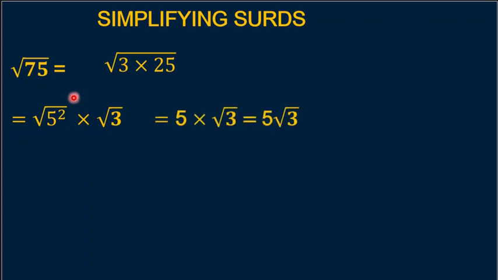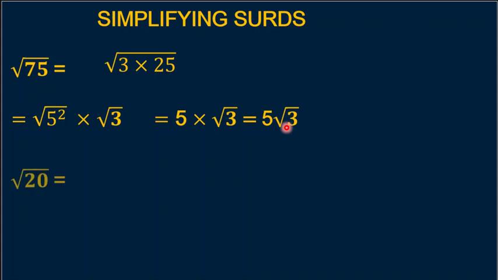Thus we get 5 times square root of 3, or 5 root 3 for short. This is all about simplifying surds, just reducing it to the simplest form possible.